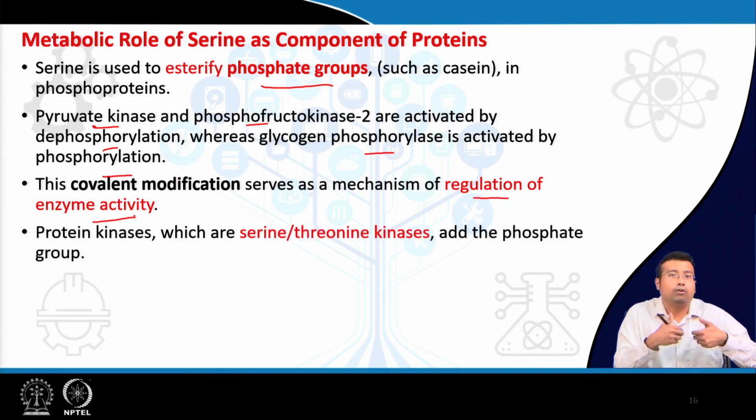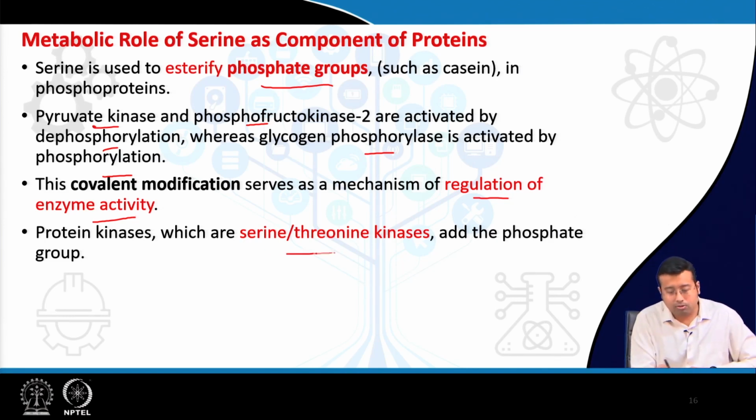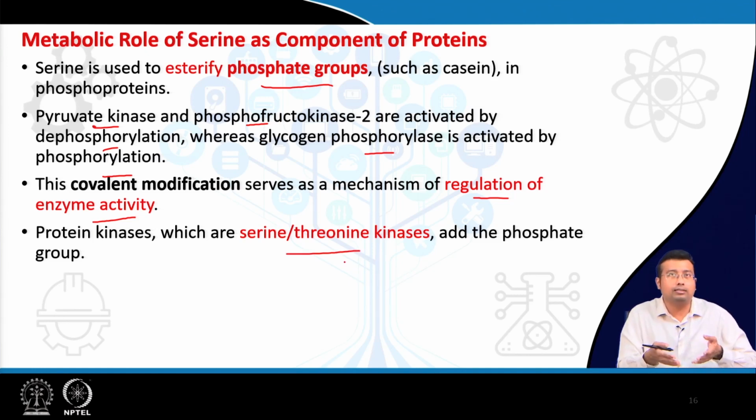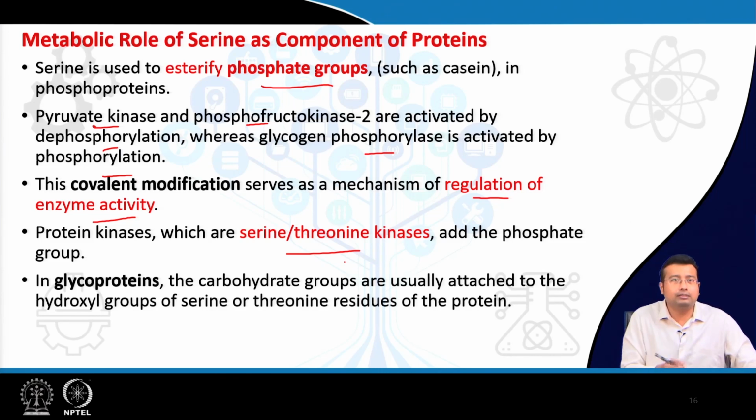Whenever phosphorylation happens, it is done by various kinase enzymes, and protein kinases are actually serine and threonine kinases, both amino acids we will be discussing in today's class. The carbohydrate groups are usually attached to the hydroxyl group of serine and threonine residues of protein.